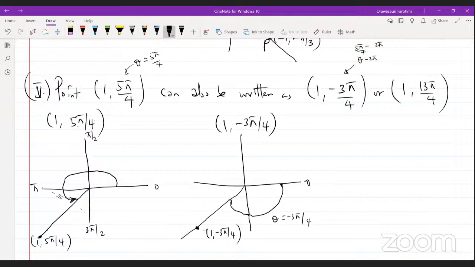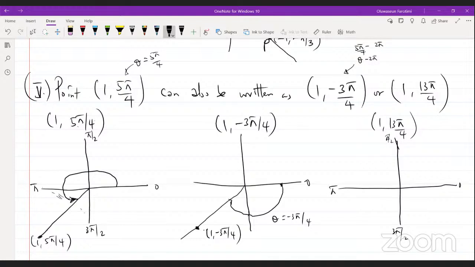Now what about the last one? Let's sketch 1 comma 13 pi over 4. Theta in this case is positive, so you go counterclockwise. This is 0, pi over 2, pi, 3 pi over 2, and of course this is 2 pi.